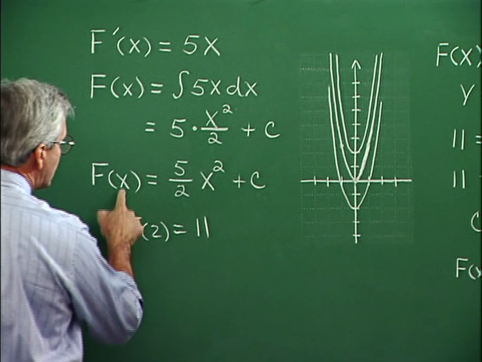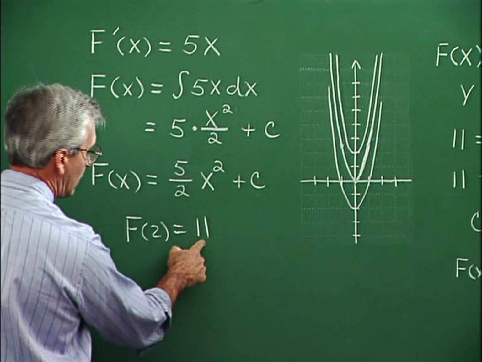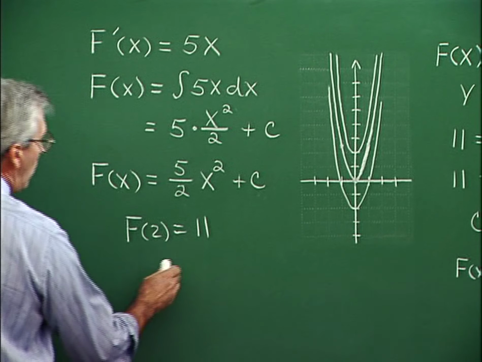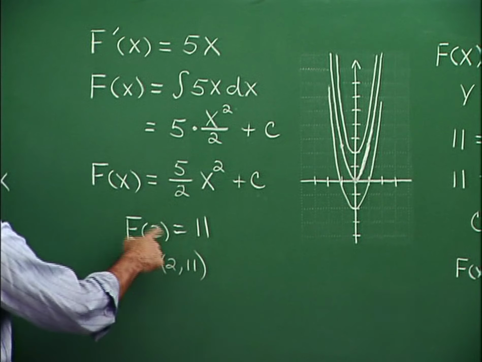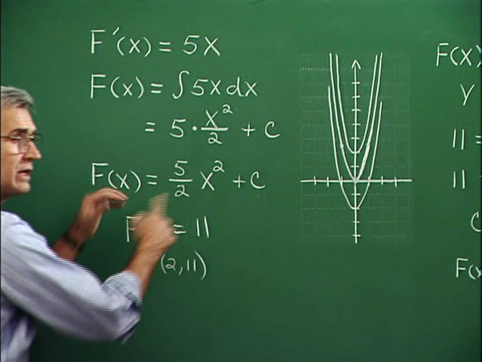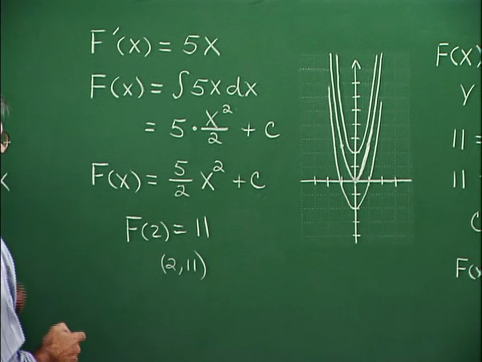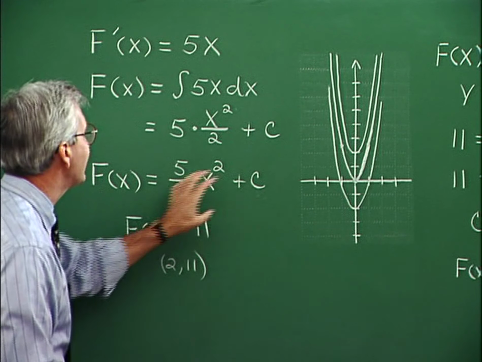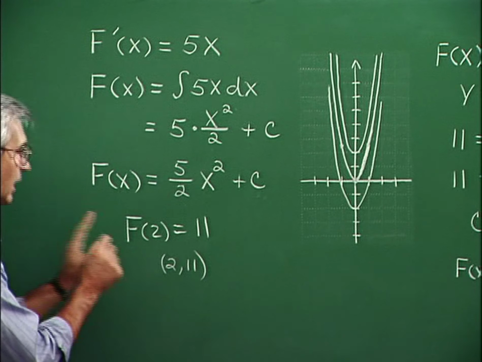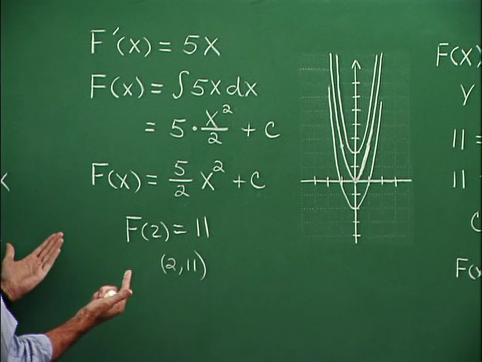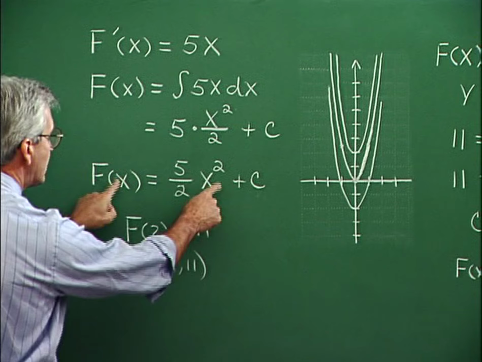Now, that means that when x takes on the value 2, the vertical distance, or the y component, is 11, or the point (2, 11) is on the graph of whatever one of these functions we're talking about. Well, which one would it be? For what c would f of 2 be 11? That's what we're really asking ourselves. And we can answer that question just by putting in the value of 2 and 11 into this format.